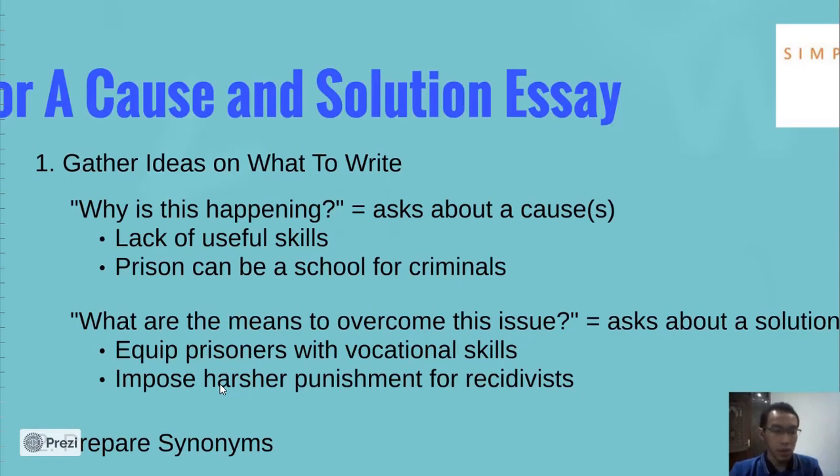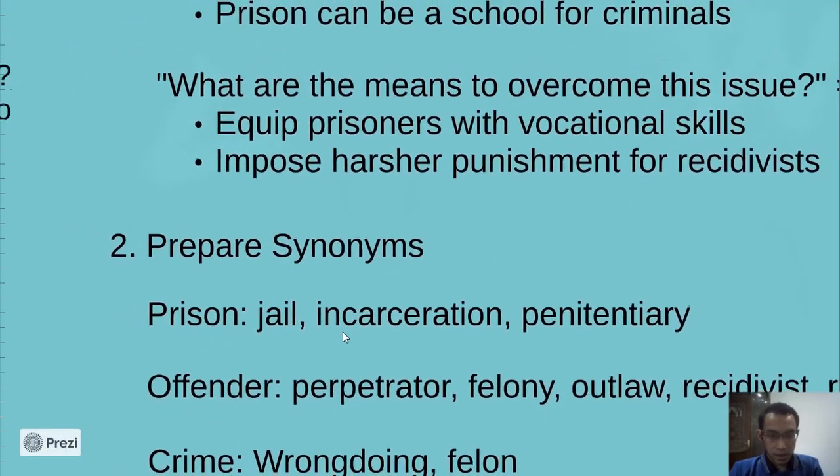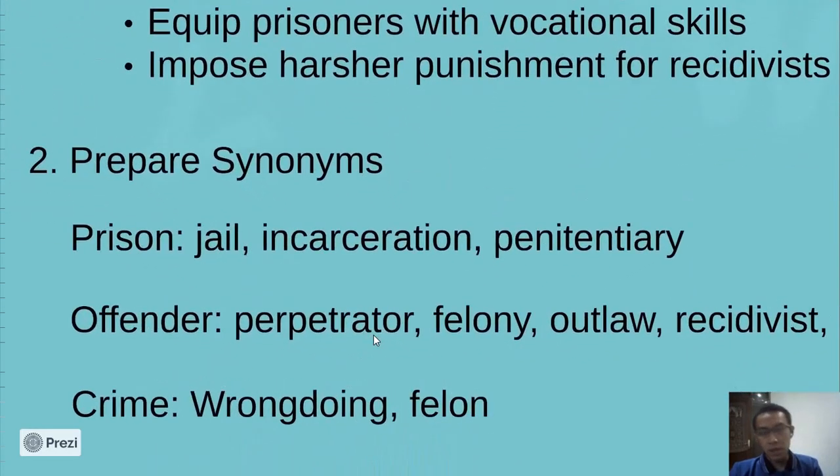And then the next thing we have to do, other than gather ideas on what to write, is prepare synonyms. We should prepare synonyms because vocabulary is one of the criteria in IELTS writing. Because the topic statement is about prison, criminals and crime, we have to prepare synonyms for them. So prison can be written as jail or incarceration or penitentiary.